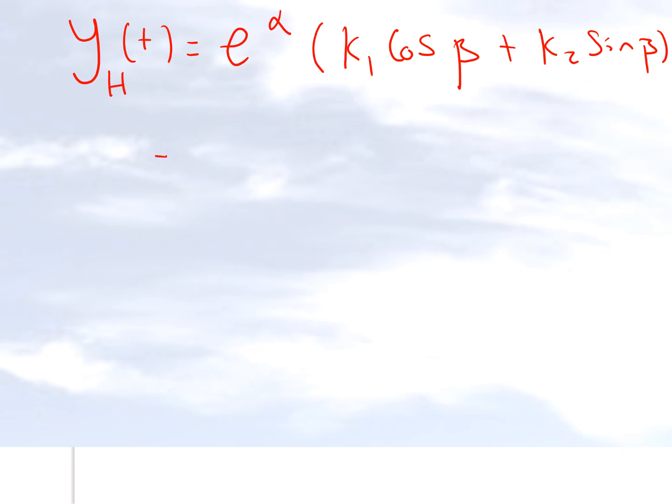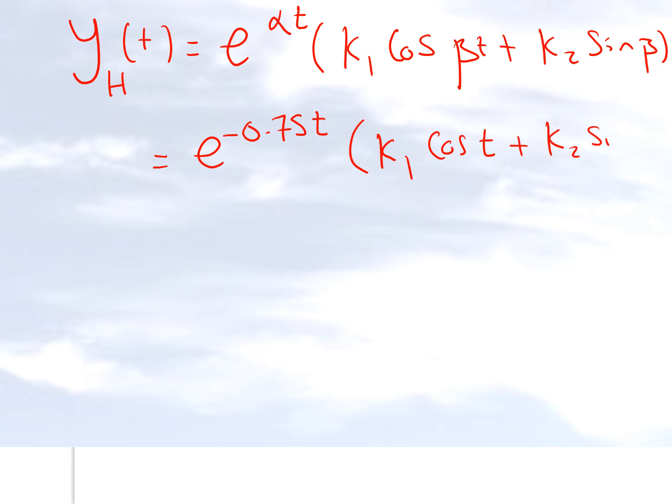So this is equal to e to the minus 0.75 t, I forgot a t here, times k1 cosine t, since beta is equal to 1, plus k2 sine t, since beta is equal to 1. Okay, so this is our homogeneous solution.